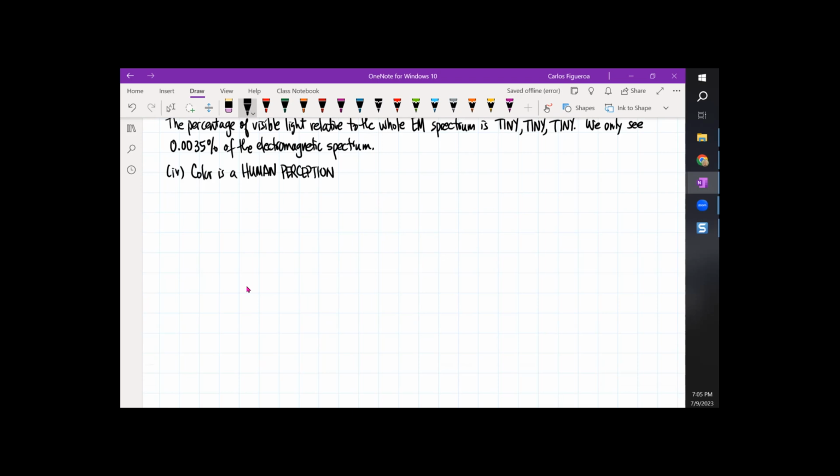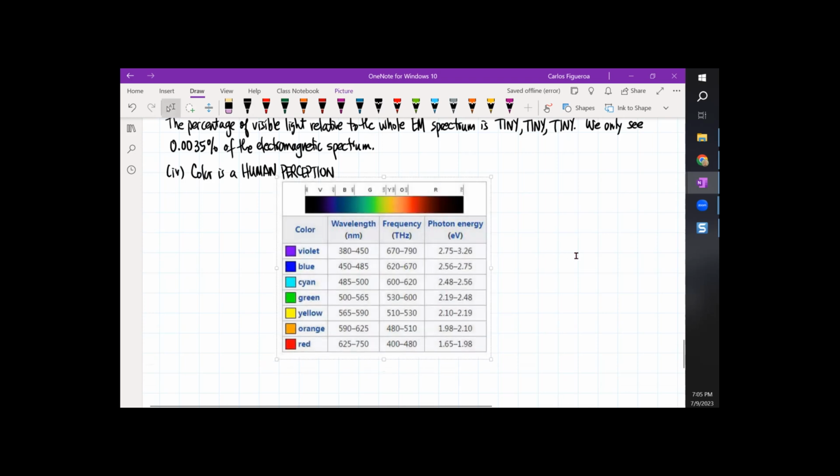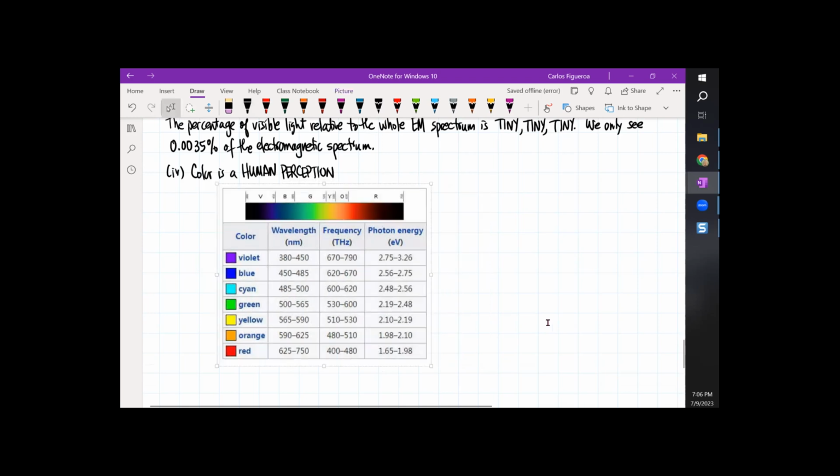That's yours. Color is a human perception. We don't care about color. We care about energy. Now, here we see the word photon. Photon is the quantum mechanical description of light, which I don't want to go into. So when you're looking at this spectrum, remember, energy is the way we should be looking at light.